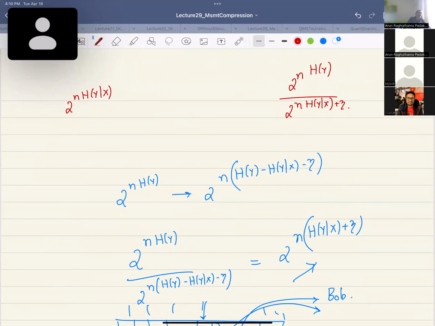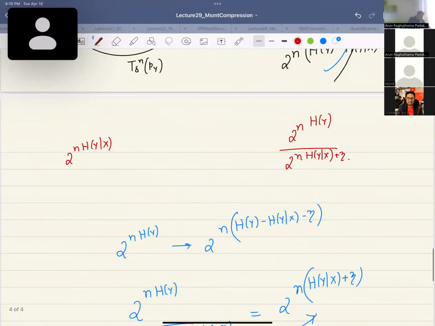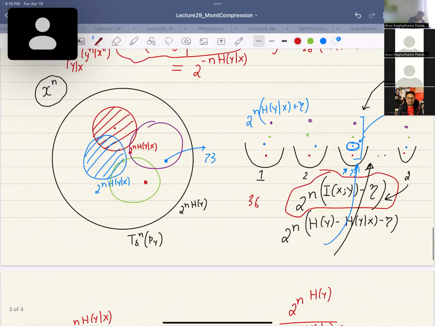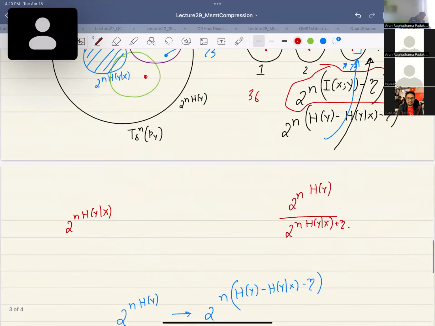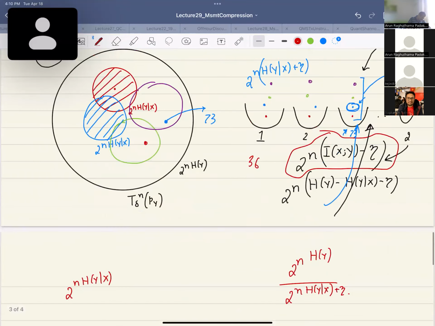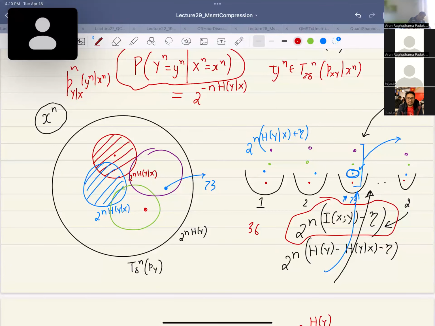Just one question. Given xn, Alice can definitely find a yn which is jointly typical with xn, because each of these jointly typical sets has gone into each of the bins. Any bin has a representative from these typical sets.